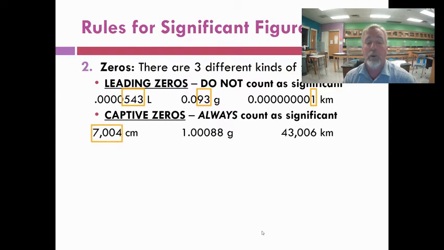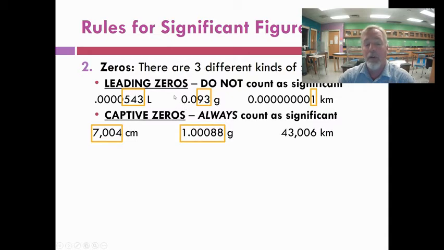Our 1.00088 has 6 significant figures. Again, those zeros are in the middle. They're captured, they're surrounded, whatever word you want to use, but they're always going to be significant if they've got non-zero numbers around them. So it'll be 6 here. Look at the number right above it, that 0.093.